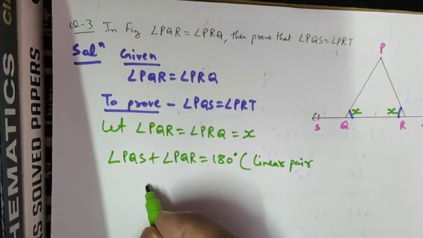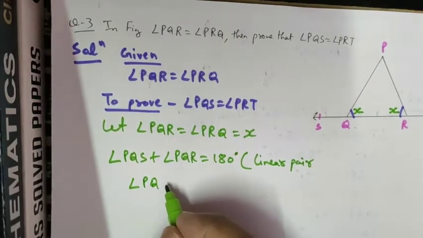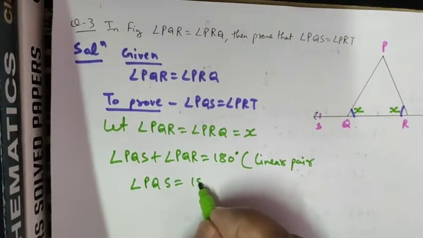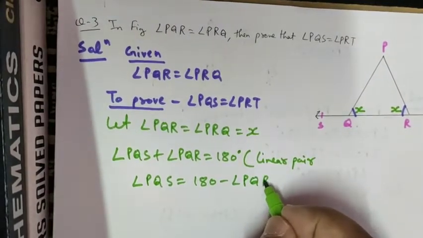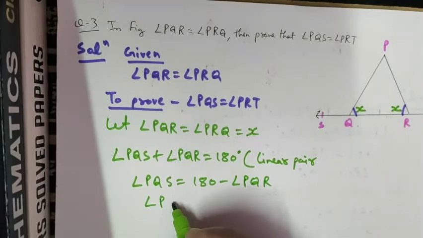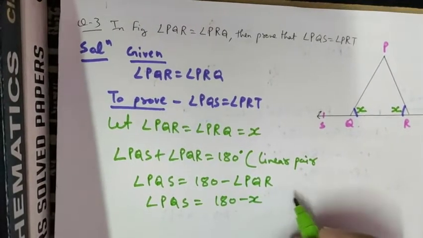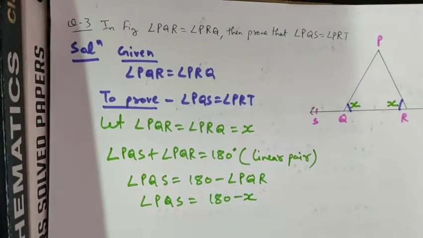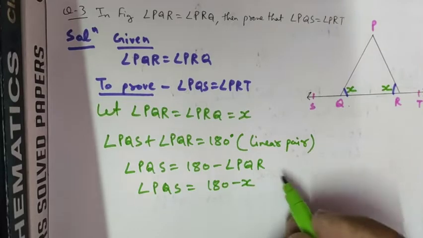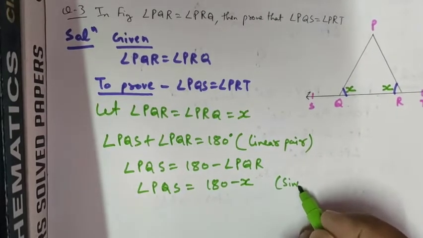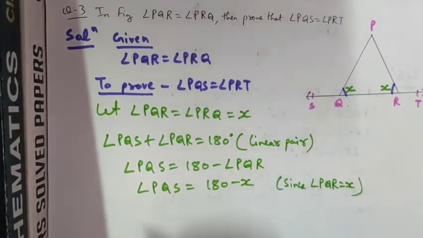So we can say that angle PQS is equal to 180 minus angle PQR, or we can write it as angle PQS equals 180 minus X, because we know that angle PQR is X. Okay, since angle PQR is equal to X, we have already written.